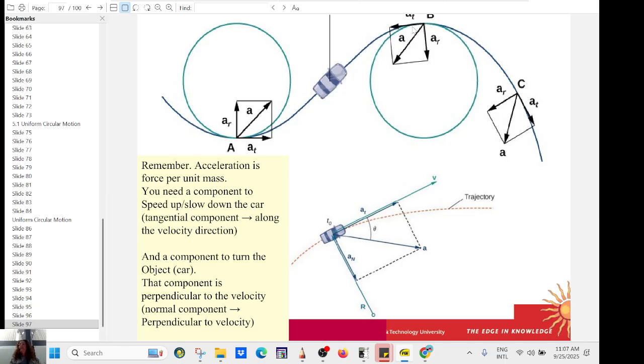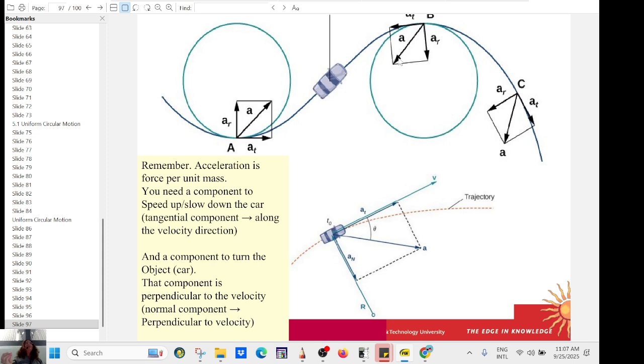So now the car is slowing down, but at the same time, it's making a turn. So you have two components. You have a force in charge of changing the direction of the velocity, and a force in charge of slowing it down. In the real world, that will be your acceleration.